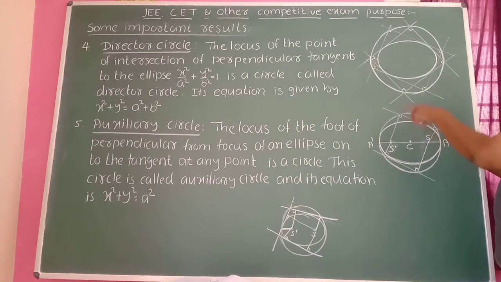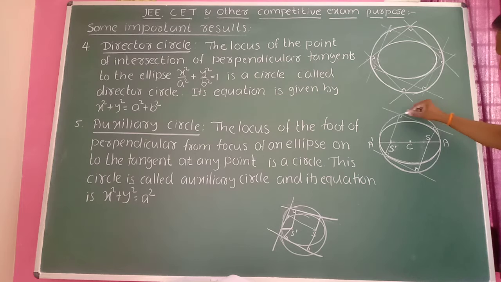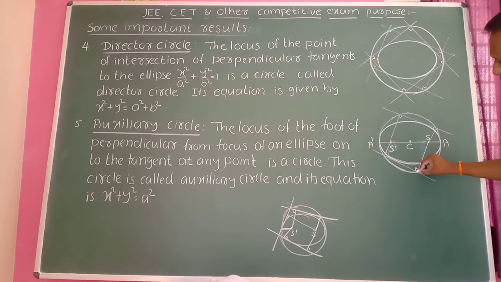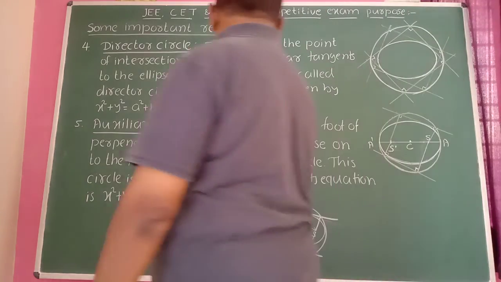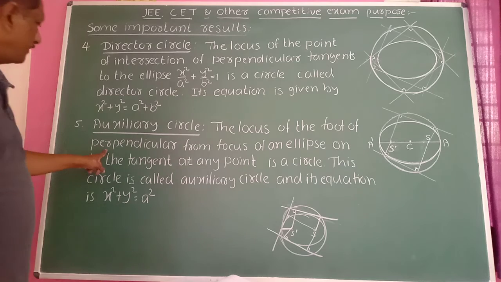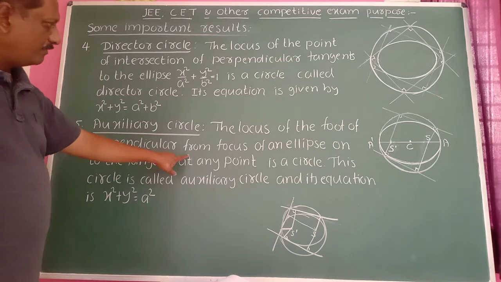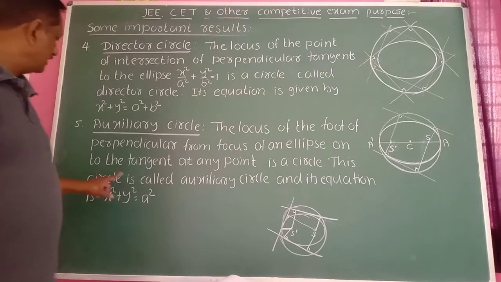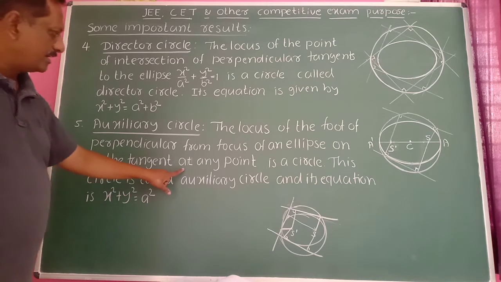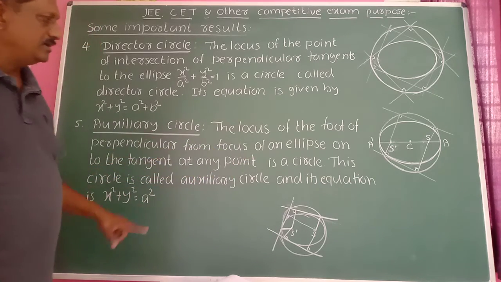On this circle, these are all feet of the perpendiculars. The foot of the perpendicular lies on this circle, and that circle is called the auxiliary circle. The locus of the foot of the perpendicular from a focus of an ellipse onto the tangent at any point is a circle.